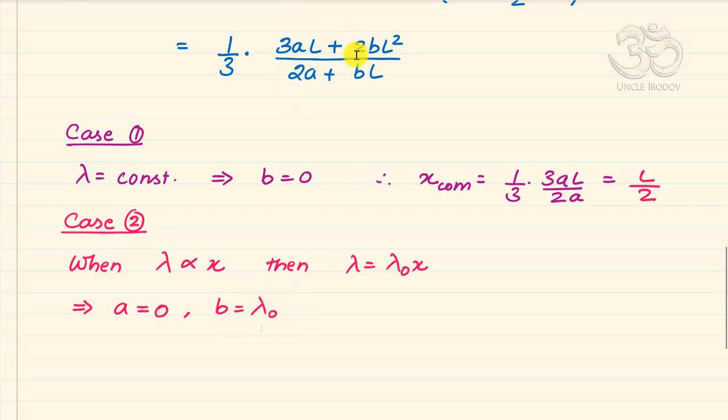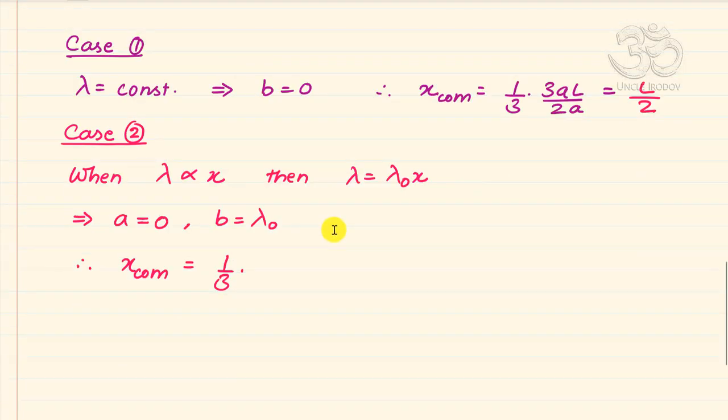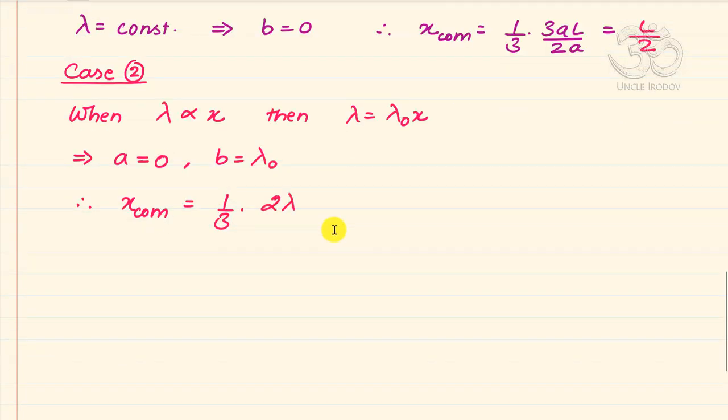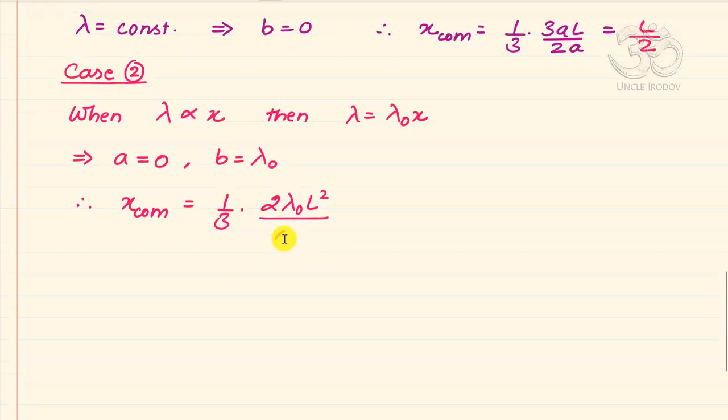And when I put b as lambda naught, X center of mass will be 1 by 3 of 2 lambda naught L square divided by lambda naught L, which gives lambda naught cancels out, one L cancels out, so 2L by 3. And keep that result in mind.